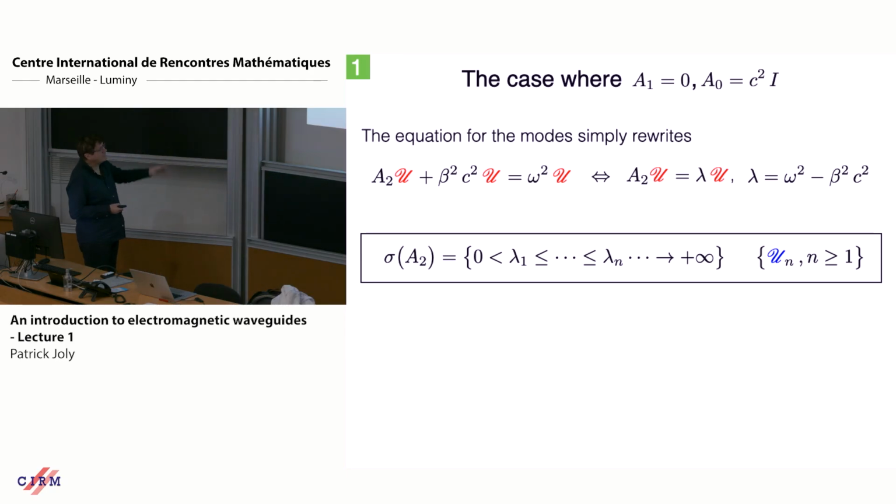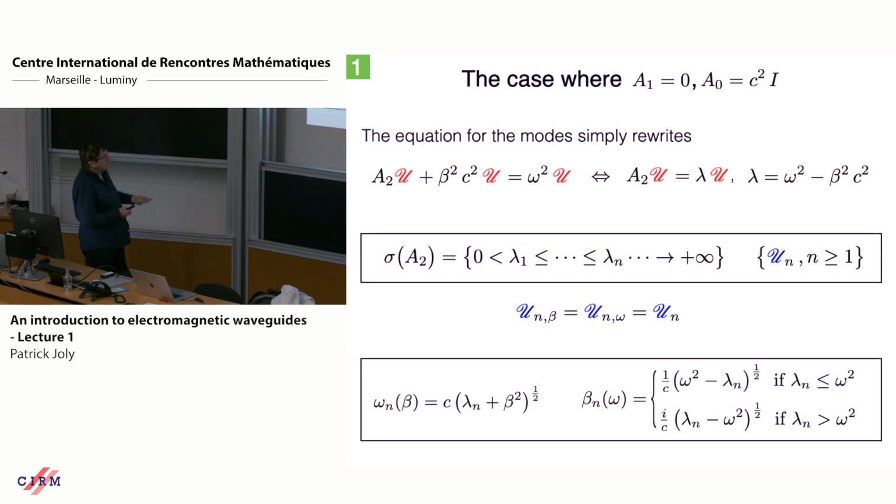So you have a sequence of eigenvalues. They correspond to the thresholds of before. And then the solution for the two problems is simply U equal U n, so the beta mode and the omega mode are the same in that case.